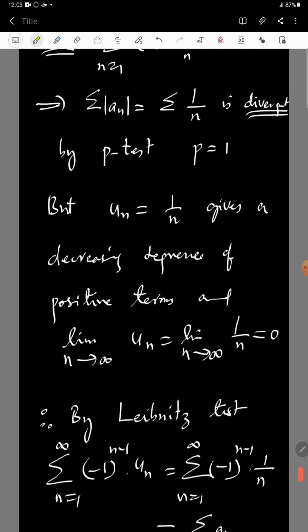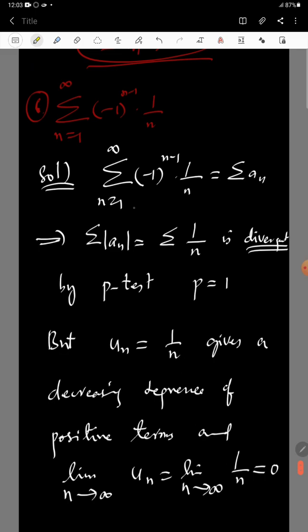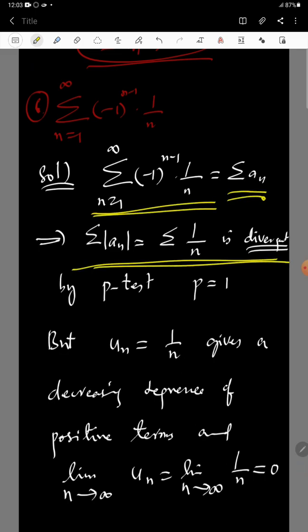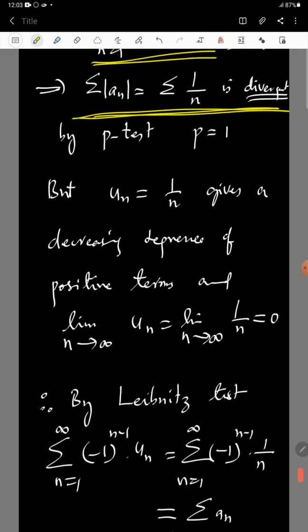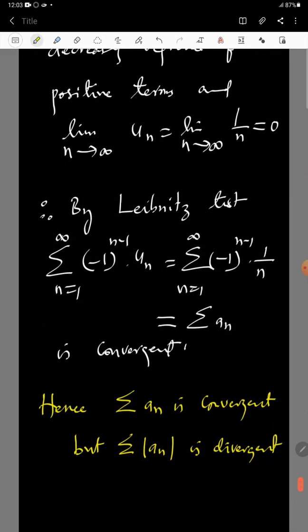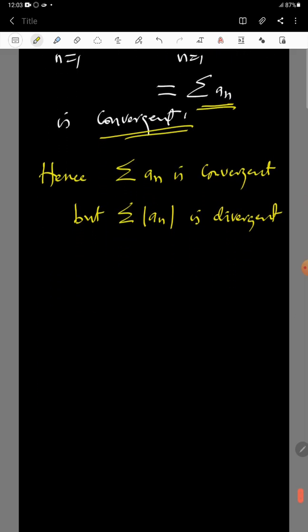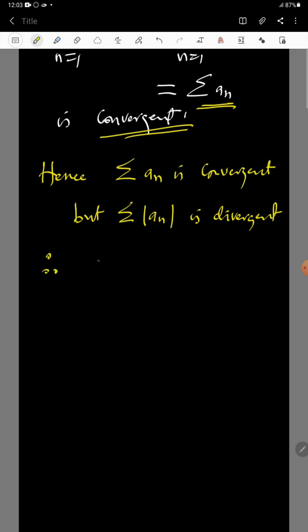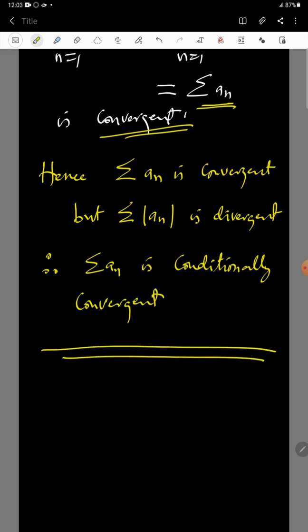You can see here that I have taken this complete as sigma an and I have just shown that sigma mod an is divergent. And after that, using the Leibniz, I have shown that sigma an is convergent. So sigma an is convergent, but sigma mod an is divergent. Therefore sigma an is conditionally convergent. I hope you have understood.